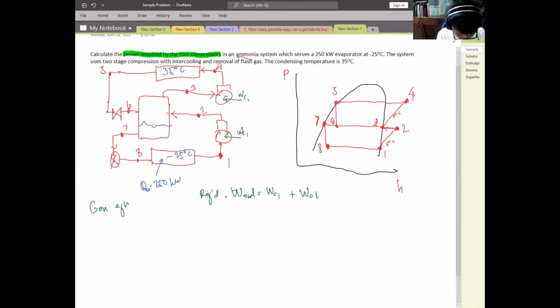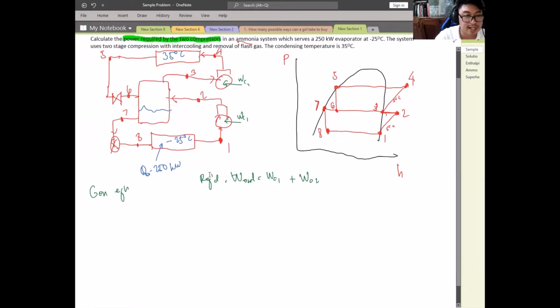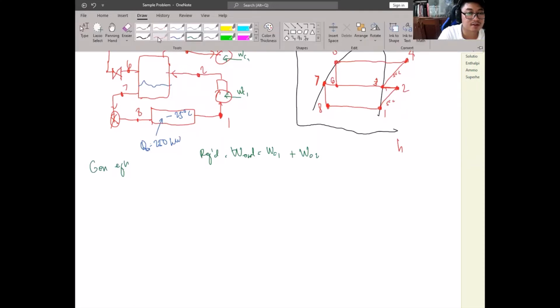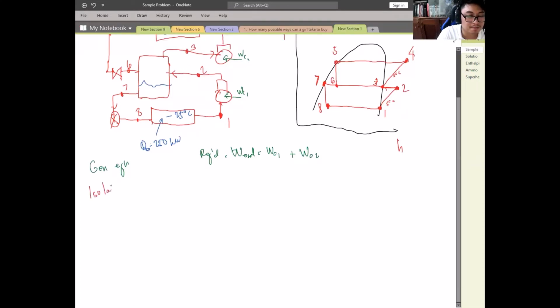Then, by energy analysis, okay, medyo isolate natin para mabuo natin ang ating general equation. Isolate si work C1 muna. Work C1. So ito si work C1, okay? Copy paste na lang natin. Ito si work C1. Ayan. Ito yung in-isolate natin.